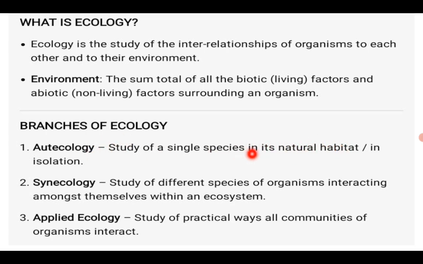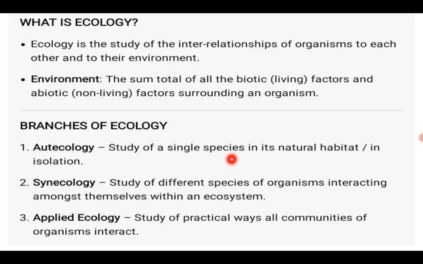So you can study chambo in Lake Malawi, or you may be interested to study the behavior of lions in a national park, such as Liwonde National Park, or any other place where you live. You're just interested in a single species or single type of organism.